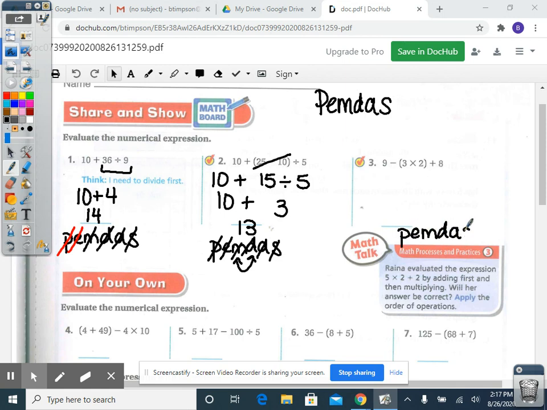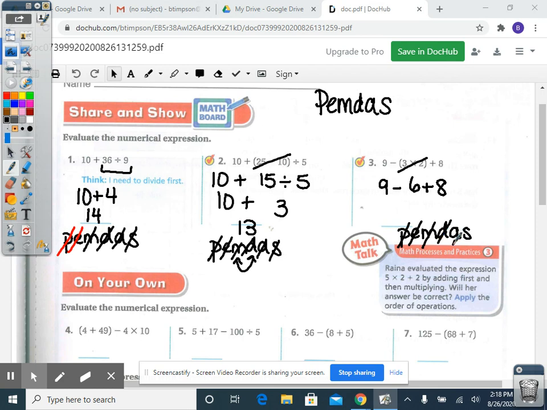On the next problem, we do have parentheses in this problem as well. We'll take care of them first. So 3 times 2 is 6. Bring everything else down. Okay. Parentheses are taken care of. There is not exponents in this problem. Now, there's also not multiplication or division. Here's where the tricky part comes in. Please remember that addition and subtraction are inverse operations.